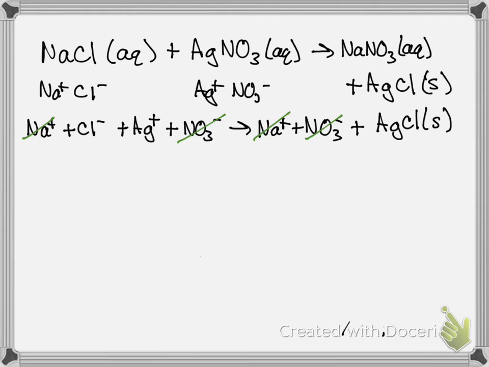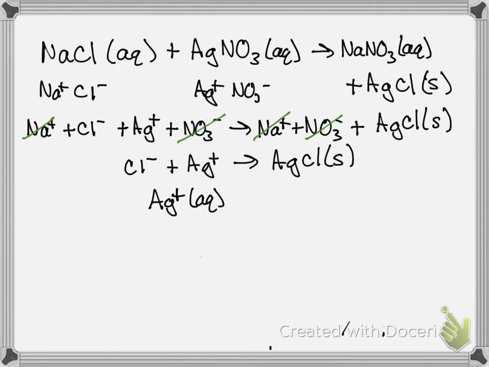What you actually have are chloride ions and silver ions in aqueous solution, making silver chloride. I almost always write these this way with the cation first and the anion next because I think it looks nicer. Oops, I need a reaction arrow there in order to make silver chloride.